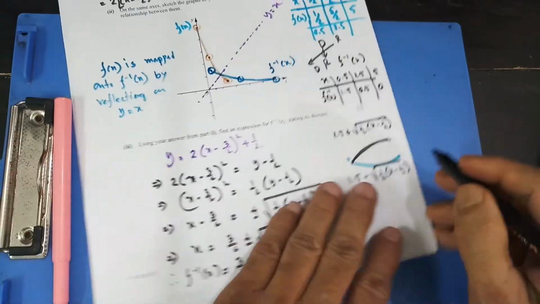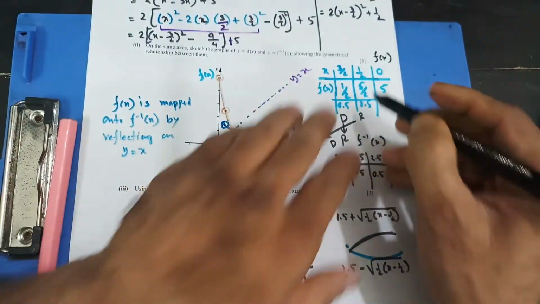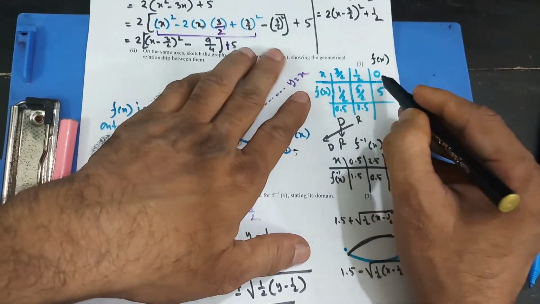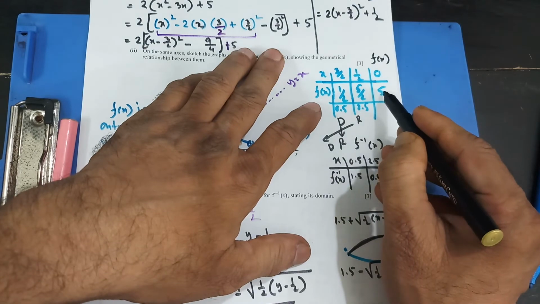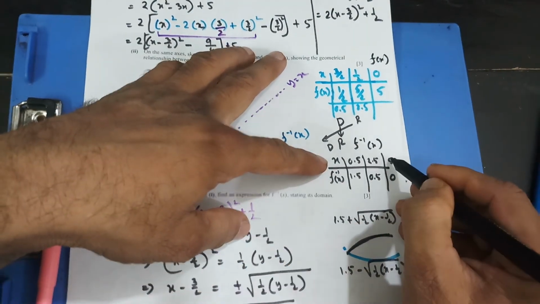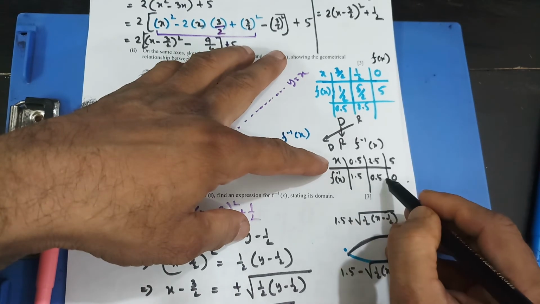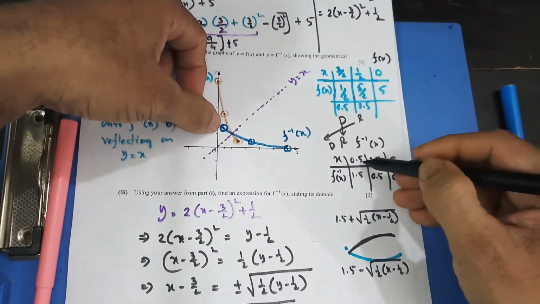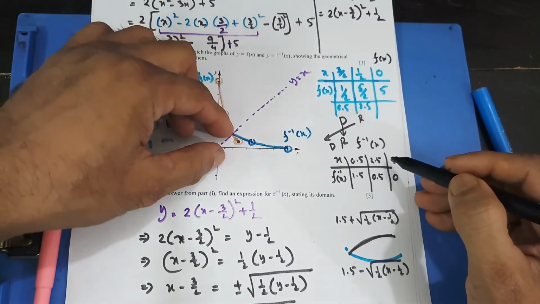I hope you can see that, or you can just go from here. See that over here, as x increases, the value of y decreases.